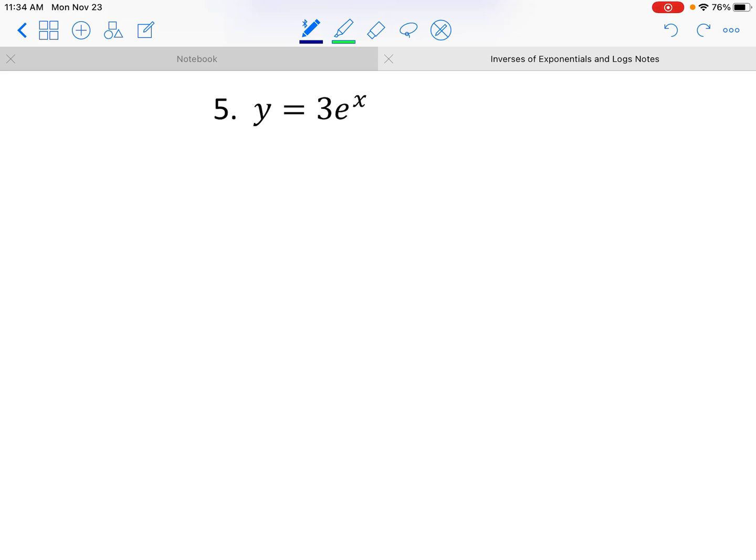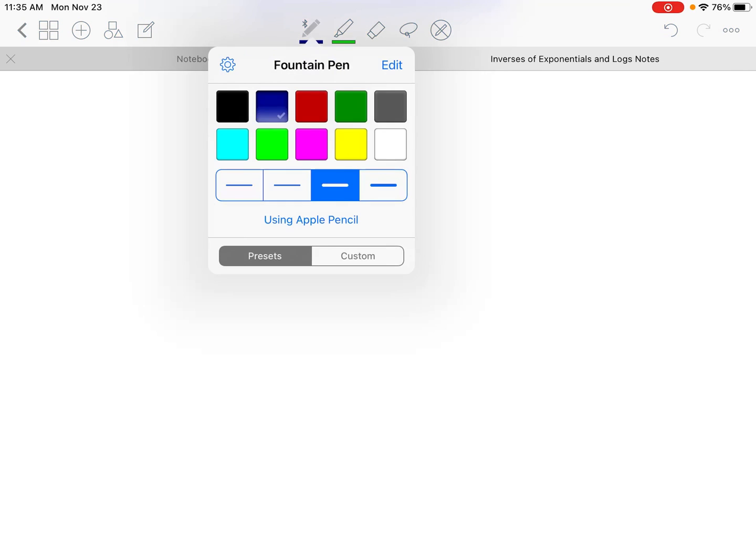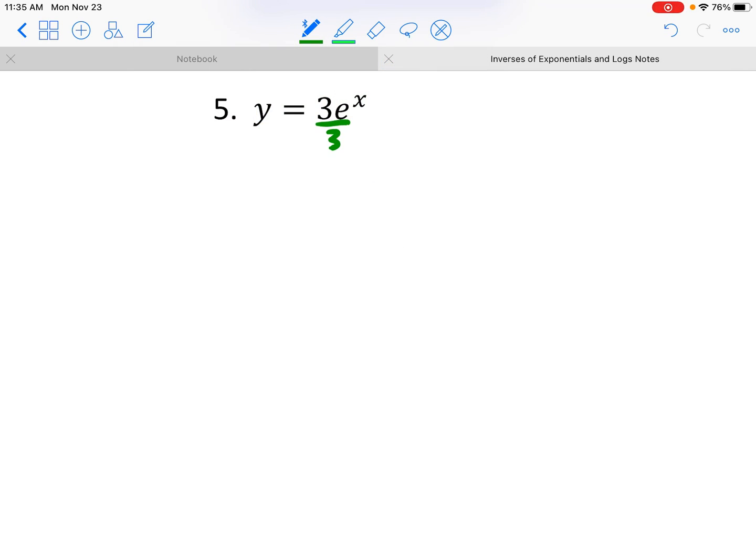Remember we have an argument, a base, and an exponent, but nothing in the rewriting process accounts for that multiplied by 3. So just like solving a normal exponential equation, I would get rid of that times 3 by dividing both sides by 3 so that I don't have to account for it in the rewrite. So y divided by 3 is equal to e to the x power.